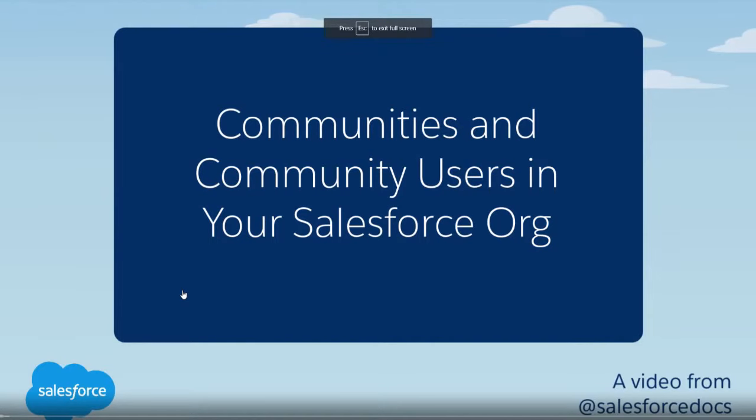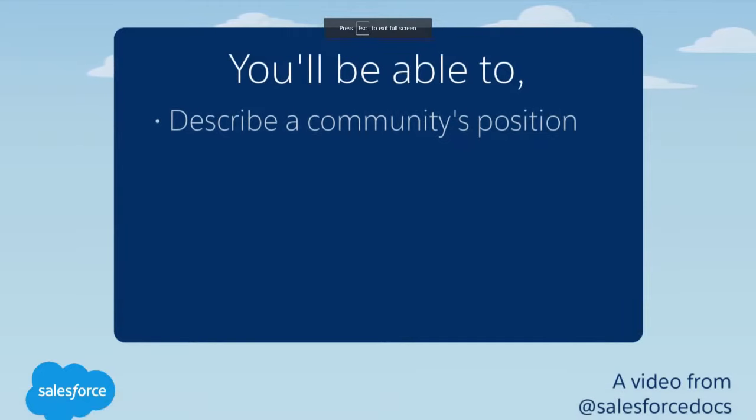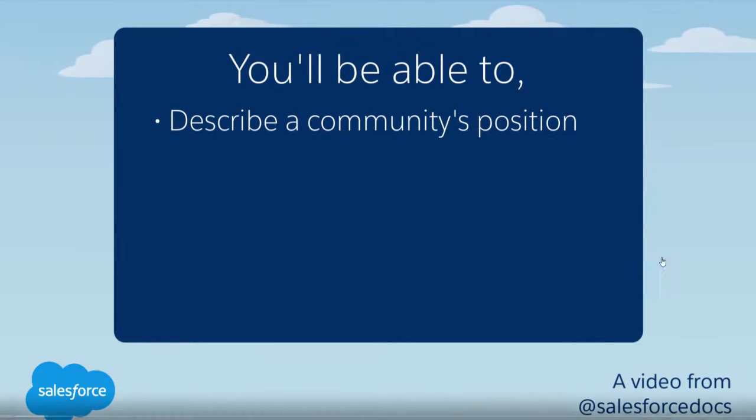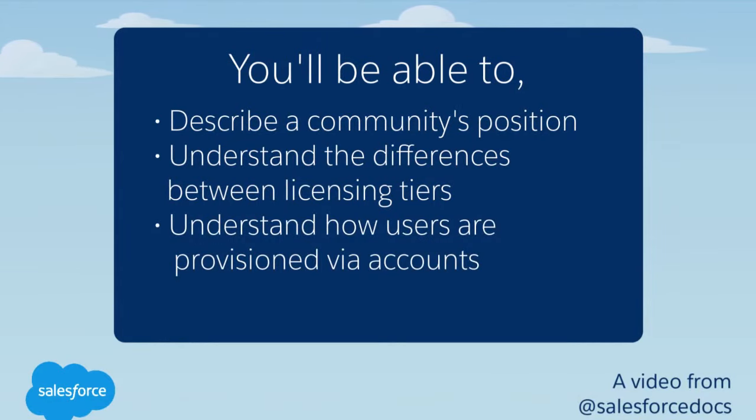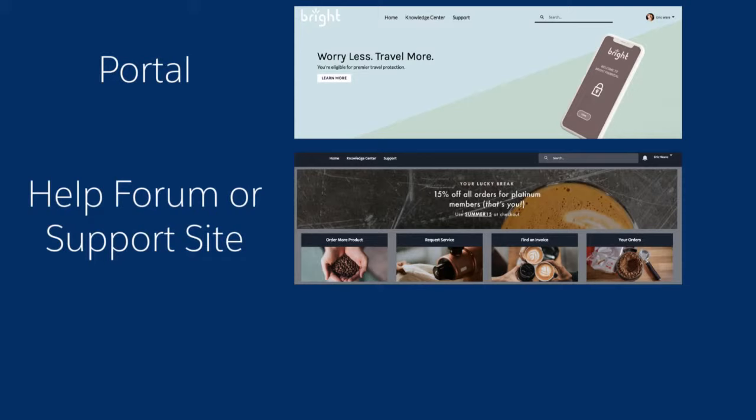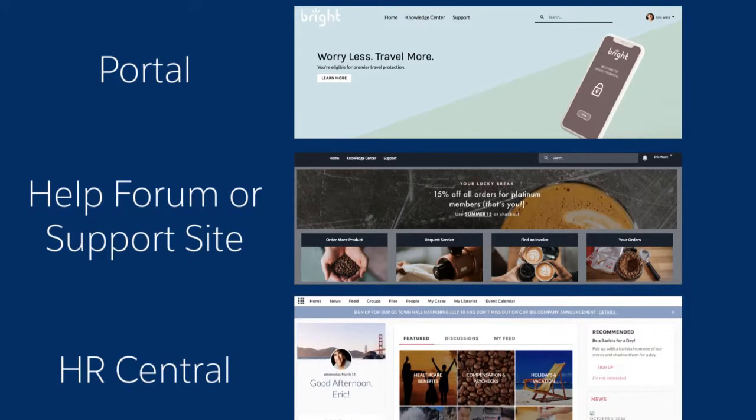By the end of this video, you'll be able to describe a community's position as part of a Salesforce org, understand the differences between communities' licensing tiers, and understand how community users are provisioned via accounts. Whether you call it a portal, a help forum, a support site, or HR Central, an online community is a great way to connect customers in a new way, share information, and collaborate on business processes.